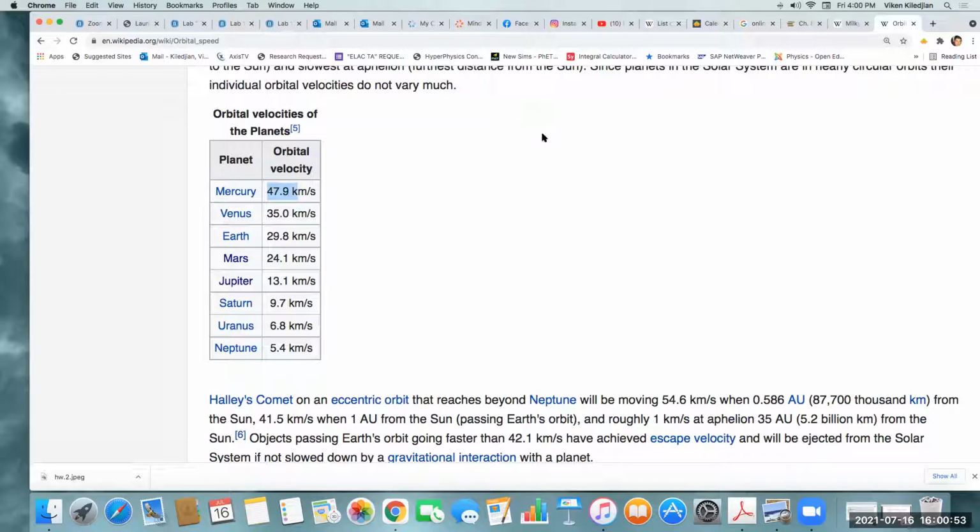Mercury goes 47.9, Venus goes 35, Earth goes 29, Mars goes 24, Jupiter goes 13, Saturn goes 9, Uranus goes 6, and Neptune goes 5. So the orbital speeds are decreasing.